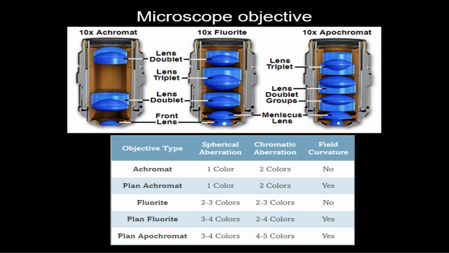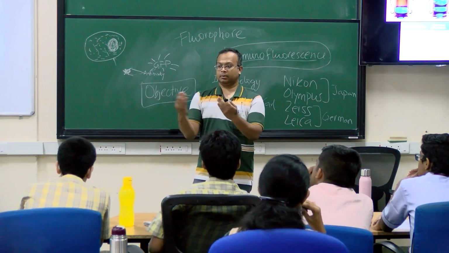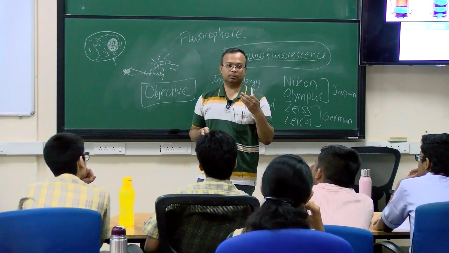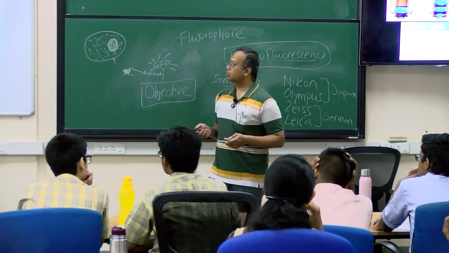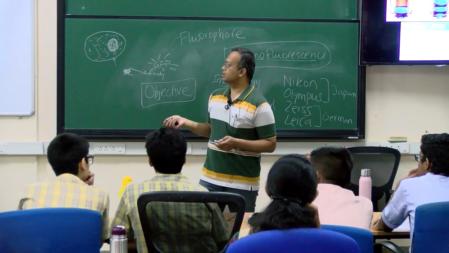If I don't correct the colors, then if I see through the eye, the blue will look here and the green will look here, because light of different colors is bent to different extents. So a certain correction is needed so that both of them appear in the same plane. That is what is called chromatic correction.